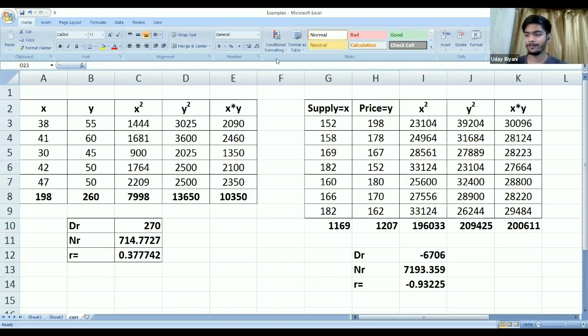Yes, ma'am. So put this and try x square, y square, x into y, because in our formula we want summation x, summation y, summation x square, y square, and summation x into y. If you see this formula, right?